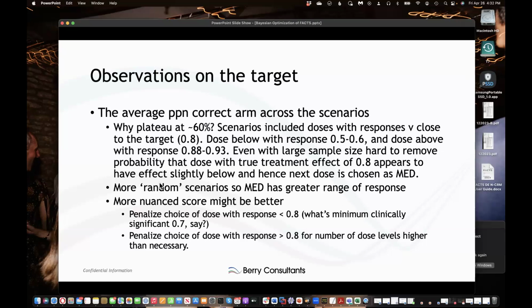So it might have been better to create slightly more random scenarios, perhaps sampling from distributions on the parameters of the 4-parameter sigmoid.